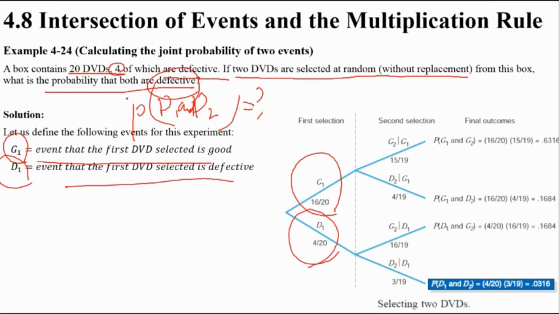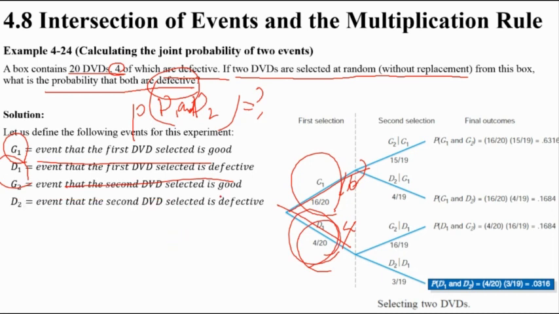We said 4 are defective and 16 are good. Then for the second pick, G2 and D2, good and bad. If the first was defective, then 3 are defective out of 19 remaining and 16 are good. We take one out of the 19, because already one is bad, so only 3 defective remain.